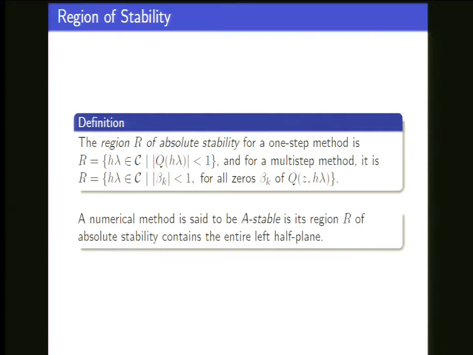Does A-stability include the imaginary axis? Yeah. There are methods, actually very commonly used methods, that have stability regions that are stable exactly up to and including that.